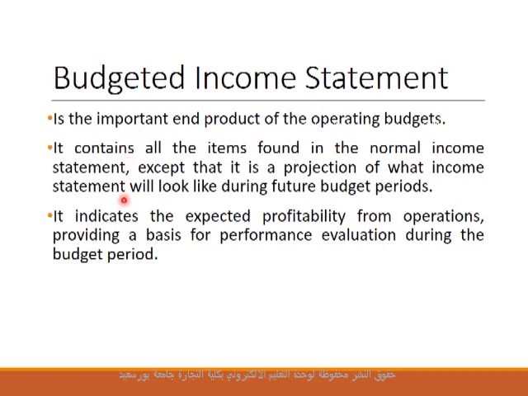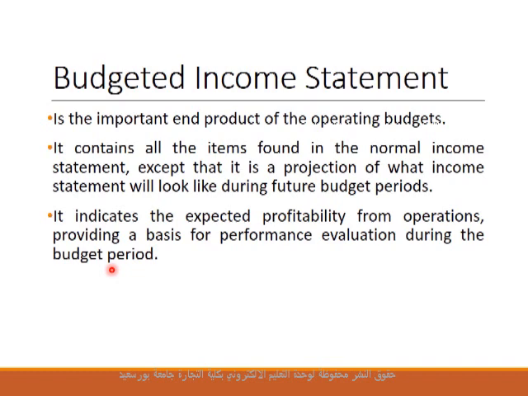It contains all the items found in a normal income statement, except that it is a projection of what income statement will look like during future budget period. Its accuracy may vary based on the realism of the inputs to the budget model. Budgeted income statement indicates expected profitability from operations. Hence, it provides a basis for performance evaluation.